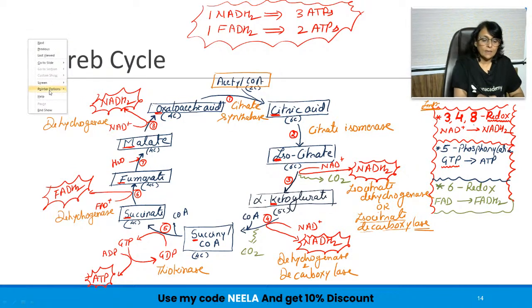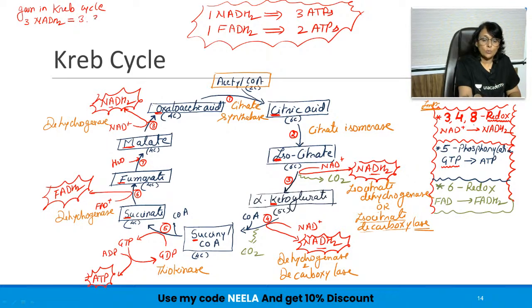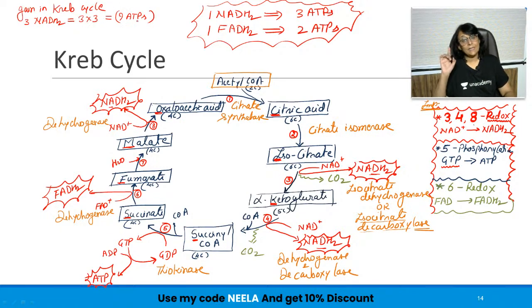Let us see, what is the gain in the Krebs cycle? We get 1 NADH2, 2 NADH2 and 3 NADH2, so 3 NADH2, and we know 1 NADH2 is worth 3 ATPs. So it is 3 into 3, so ultimately we will get 9 ATPs. Right now we got NADH2.